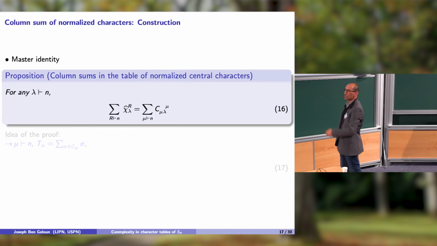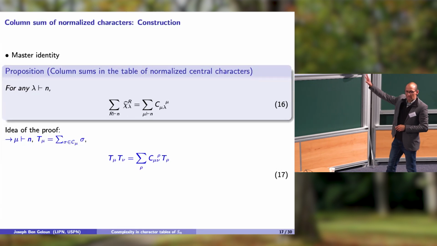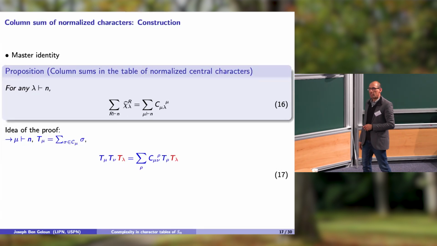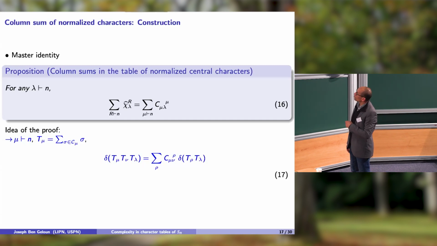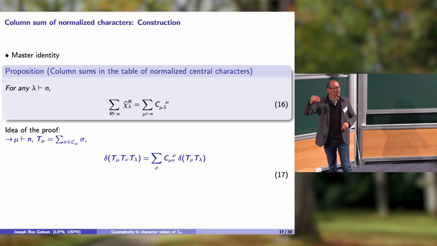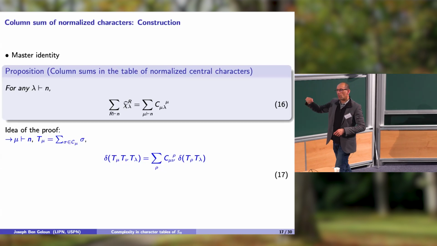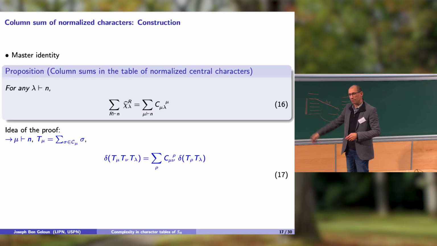This is how you may understand that. But the proof starts with the basic relation, then you multiply by T lambda and trace over it by using the delta function. I didn't define the delta function. This is just the delta on the group, where if you select the identity, it becomes 1, otherwise it's 0.